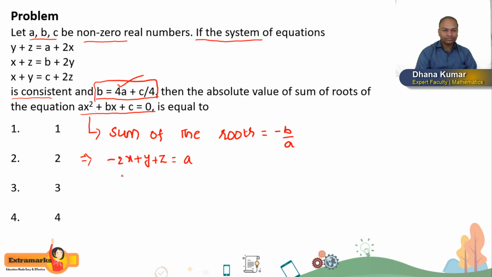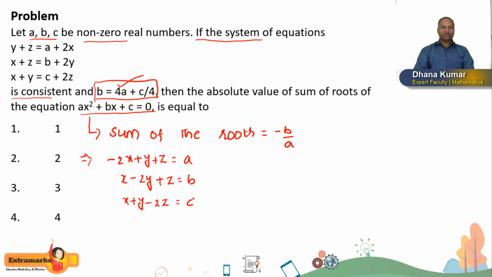Next, x plus 2y, shift this side, minus 2y. x minus 2y plus z is equal to b. And next, x plus y minus 2z is equal to what?